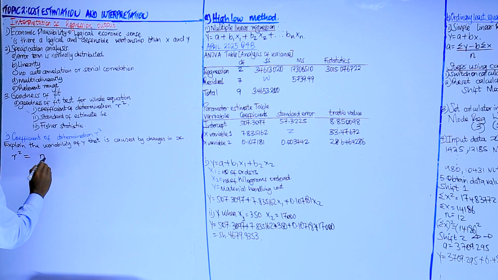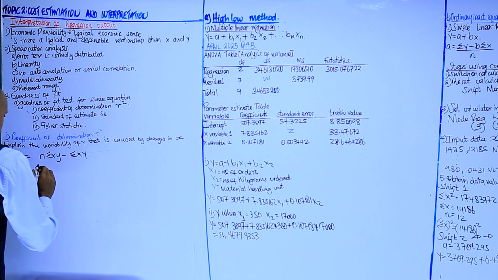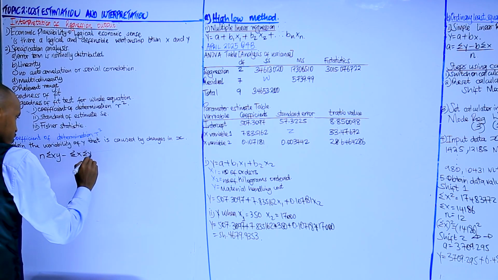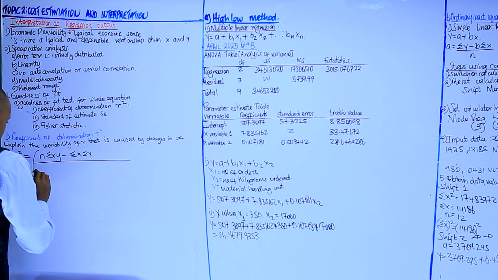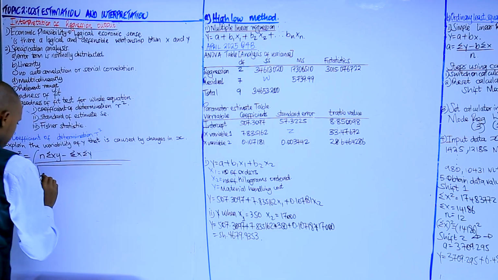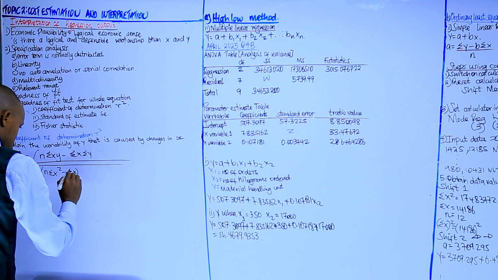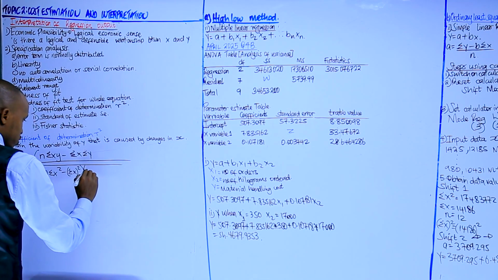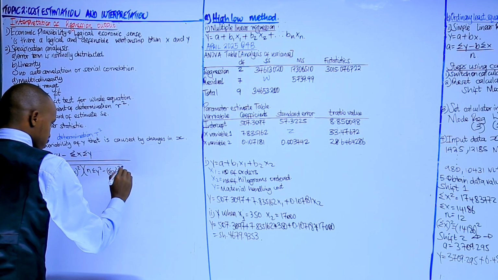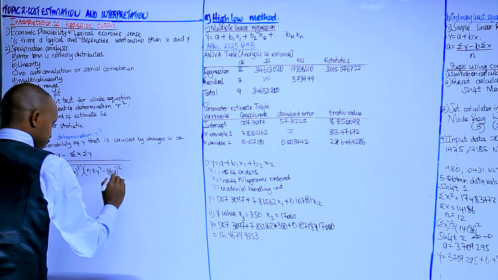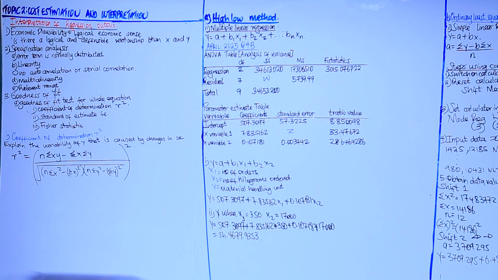R squared is n summation XY minus the summation of X multiplied by the summation of Y, over the square root of n summation X squared minus the square of the summation of X, multiplied by n summation Y squared minus the square of the summation of Y.